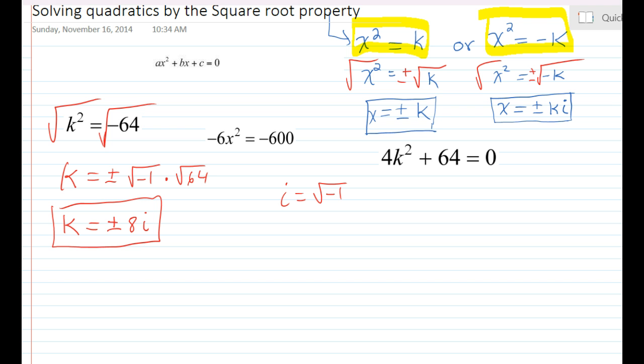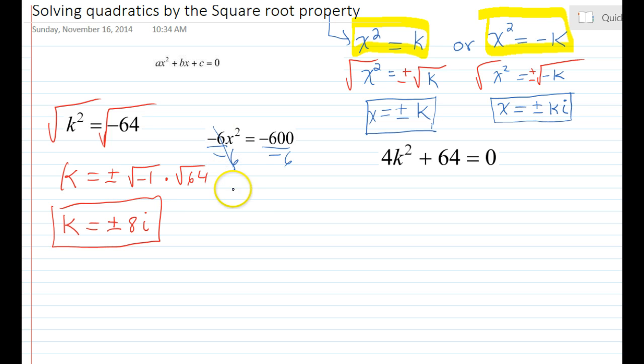Okay, let's go ahead and do the second one. Let me just erase this first. Okay. Now, if you notice, this one doesn't look like that. So what I have to do, I need to divide by -6 from both sides, before I take the square root. So I'm going to go ahead and divide it by -6 both sides.